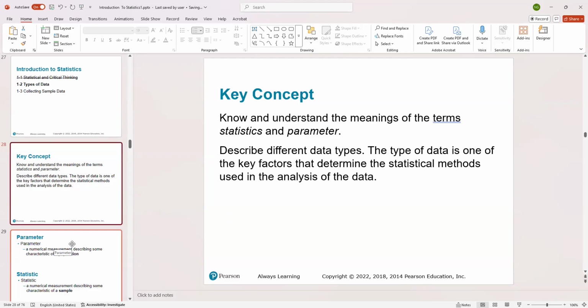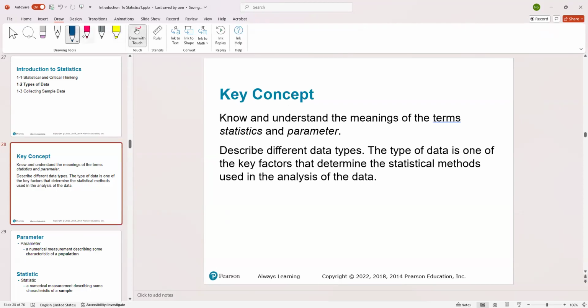We should know and understand the meaning of the term statistic, and parameter. So I would say statistic without S here. It can also include S if we refer to more than one statistic, right?